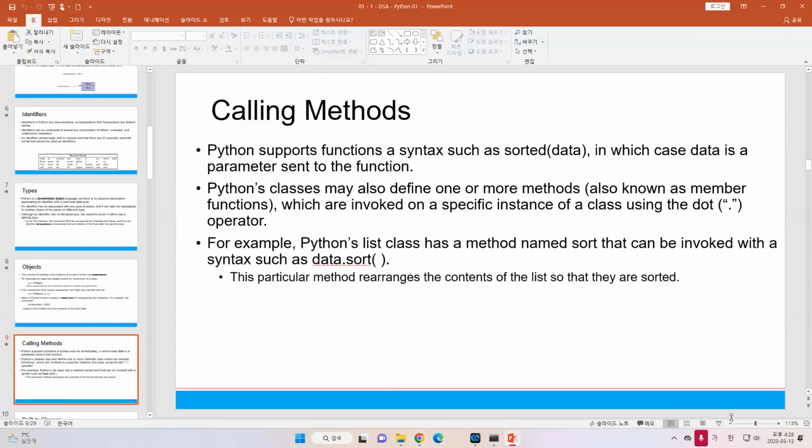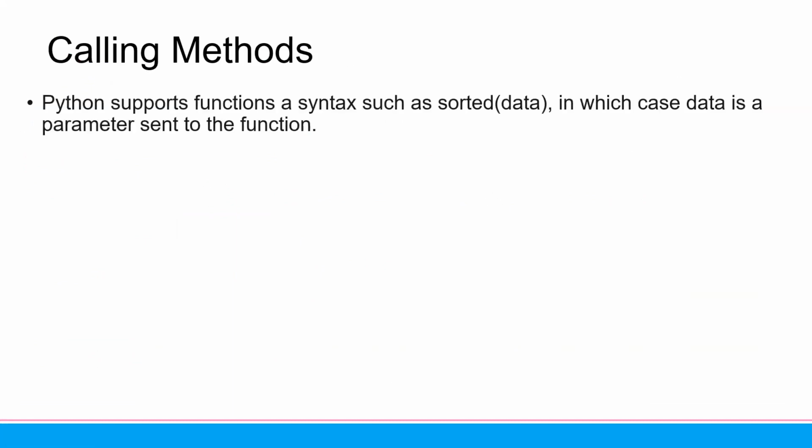So later on we can have methods. When we have methods, it means it is a kind of function. Python supports a function syntax such as sorted(data), in which case data is a parameter sent to the function.